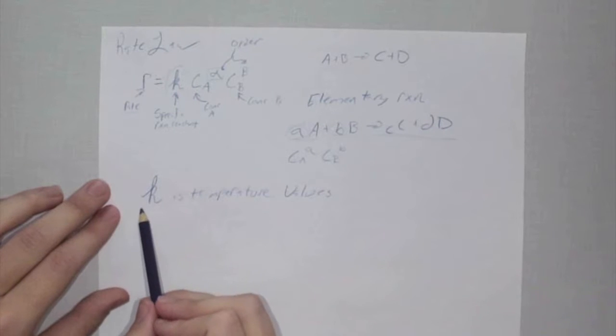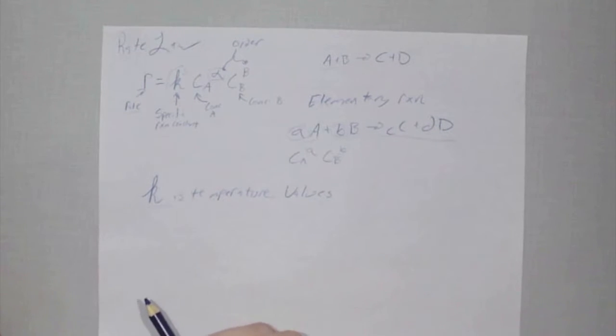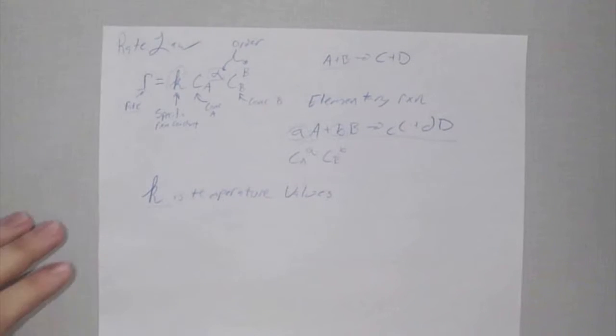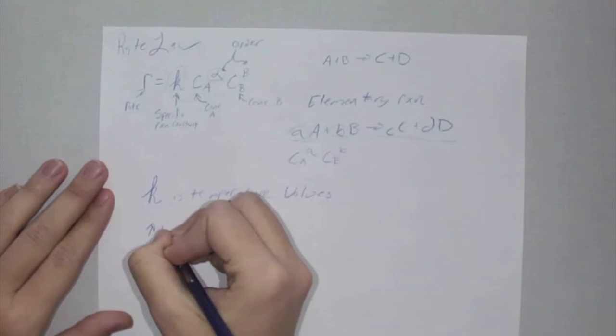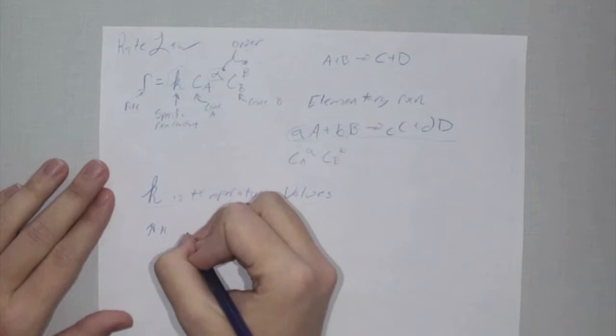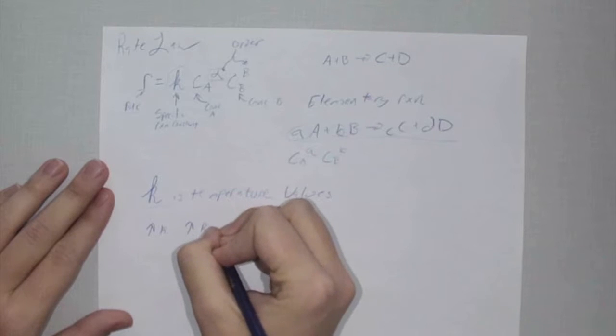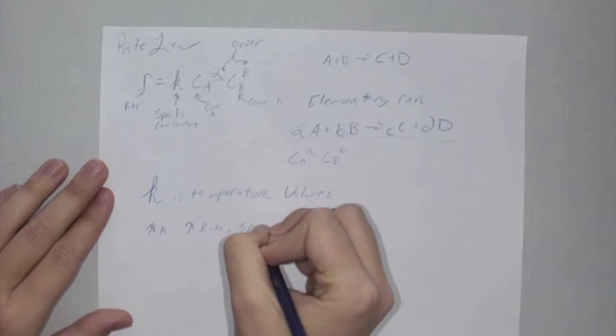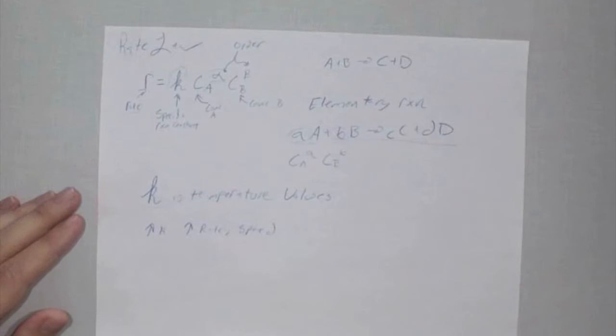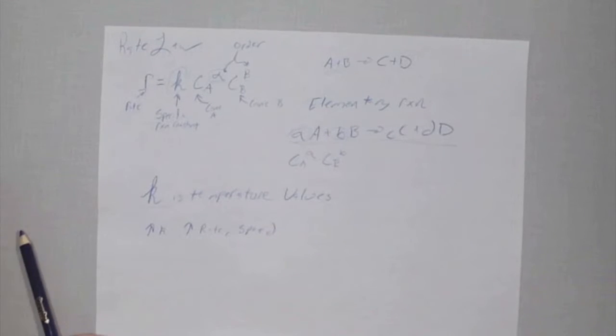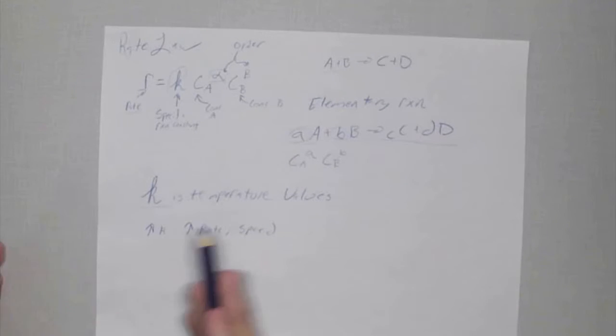But what's cool about K is we can often use K to compare the rates of two different reactions. Generally, a higher K means that we will have a higher rate or speed of the reaction. So if we have a really big K value, we'd expect our reaction to form our reactants into products very quick, versus if we had a very small K value, it would take much longer for us to get to our products.